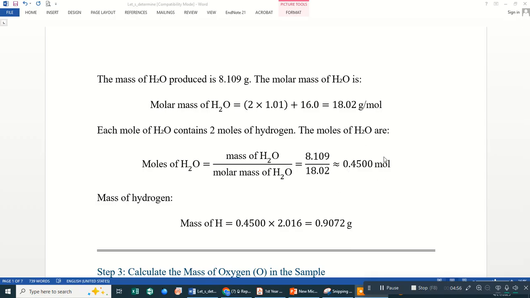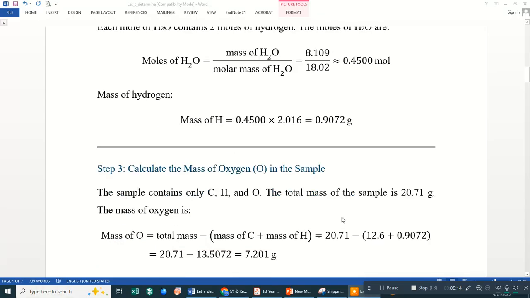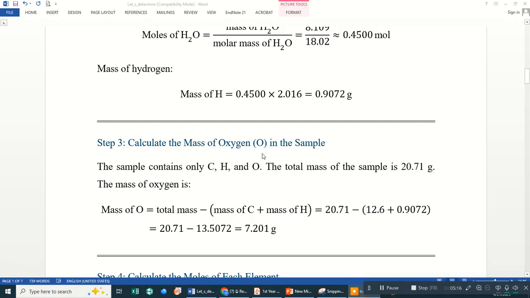Multiply these moles of water with 2.016, then the mass of hydrogen is 0.9072 grams.